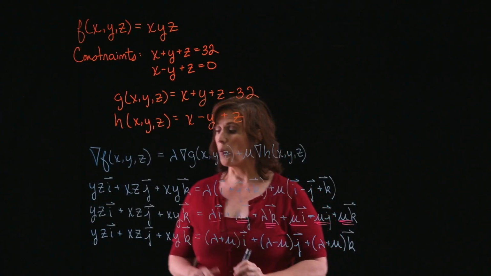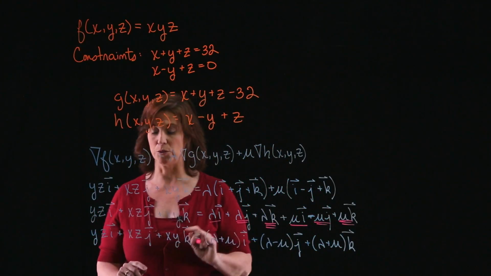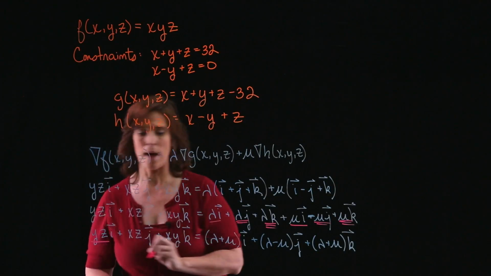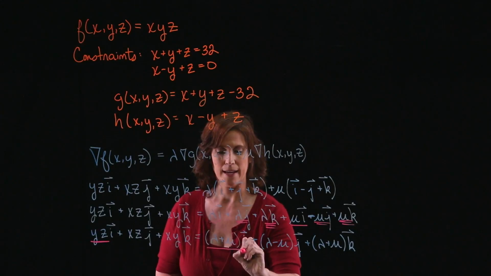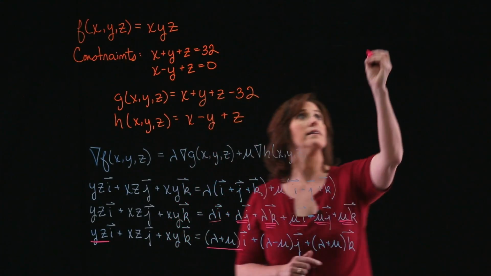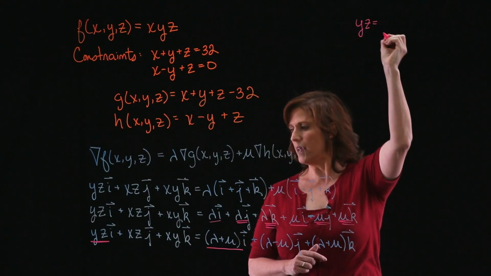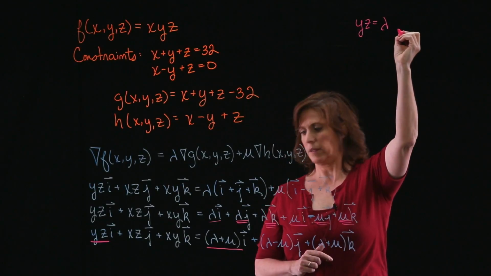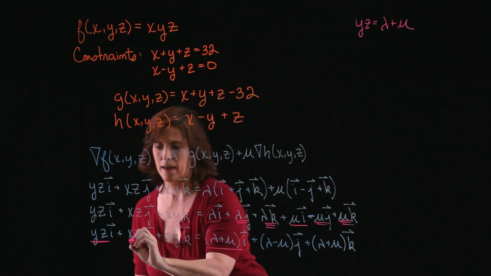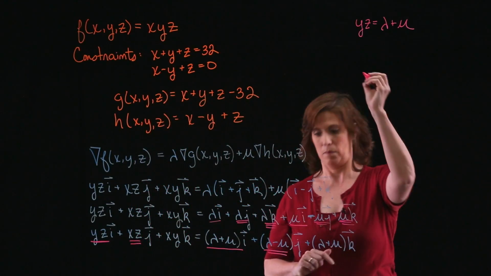All right, so what I need to do is set the components equal to each other. On the left-hand side, my i component is yz, and on the right-hand side, it's lambda plus mu. So they must be the same. So I'm going to write yz equals lambda plus mu. xz must be equal to lambda minus mu.